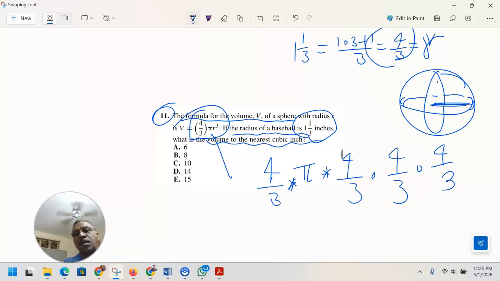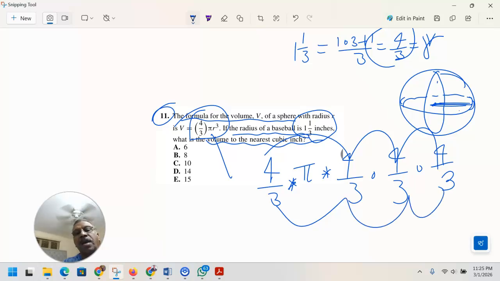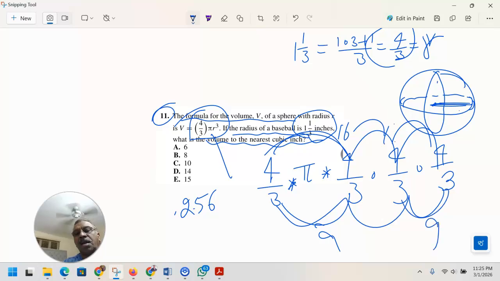Now this will be 64, and this will be 27, 81. So 4 times 4 is 16. 16 times 64 is 256. It's going to be 256 upon 3 times 3 is 9, 9 times 9 is 81, pi.